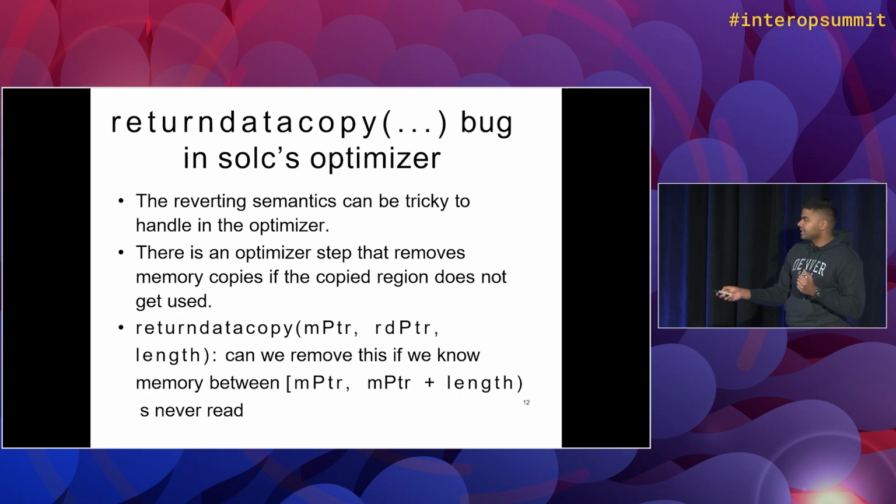So in the case of returndatacopy, what this means is that you're going to copy from a return data pointer, of some length, to a memory pointer, into the region that ends at the memory pointer plus length. And if we know that this region is never read after this, we could just remove this instruction. But here is where the reverting semantics can be tricky.